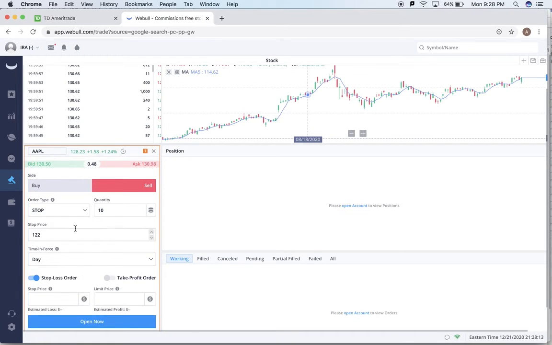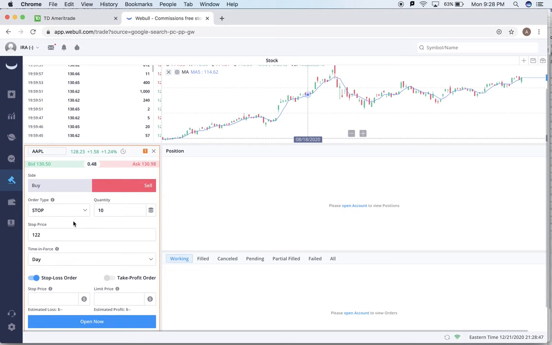Now a stop is a little different, but very powerful as well, because you can set the stop price, let's say at 122. Different from a limit, which would only execute at the price that you set, with a stop, the moment it passes that number that you've designated is when it'll execute at the market price after that.